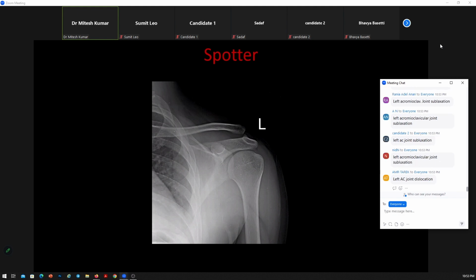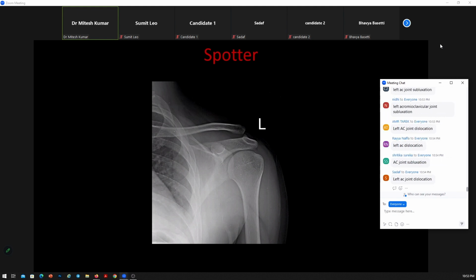Yeah, very straightforward case. Left AC joint subluxation. We can clearly see that there is a step-like defect seen between the acromion and the clavicular part, and if we draw a line from the inferior cortex of the acromion process, it does not meet the inferior cortex of the clavicle.